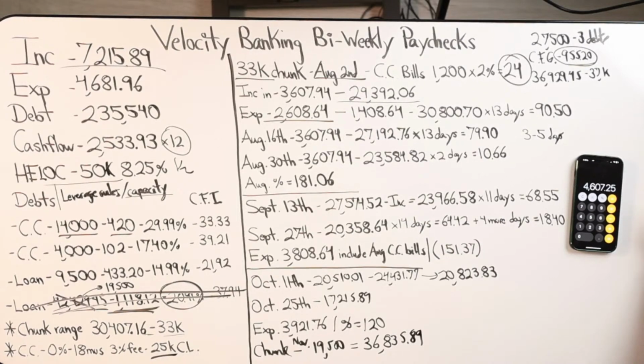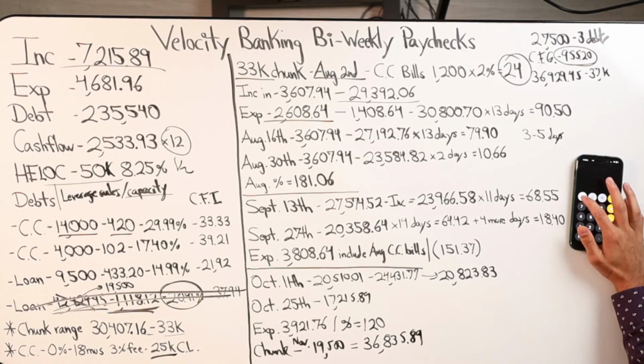New cash flow, 4607.25. Not bad. So we're at 4607.25 in cash flow coming in now. So I'll round down, say $4,600.